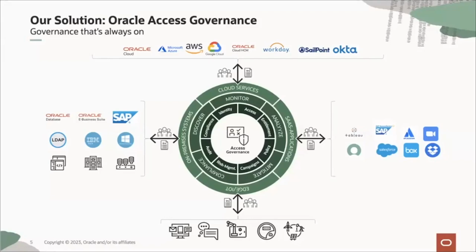Access governance can do all this across cloud services, on-premise applications, SaaS applications, edge IoT, open source, or COTS solutions, doesn't matter. Oracle Access Governance is an OCI native service that provides governance that's always on.